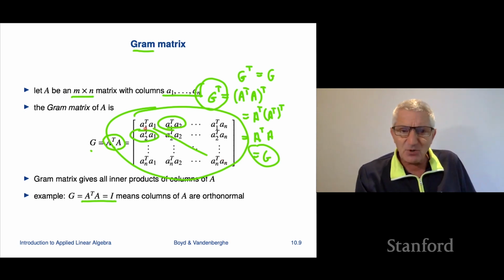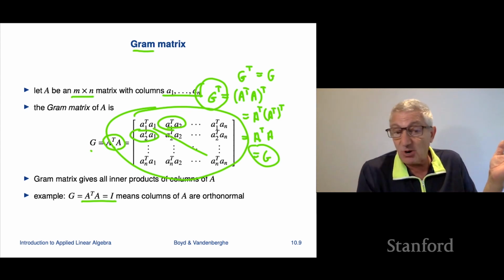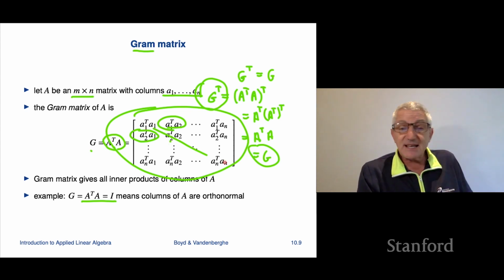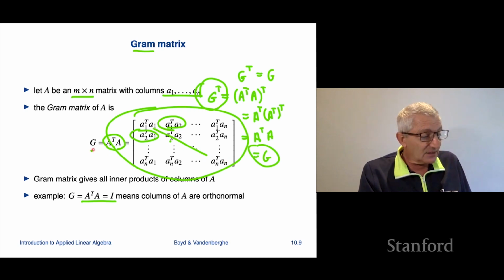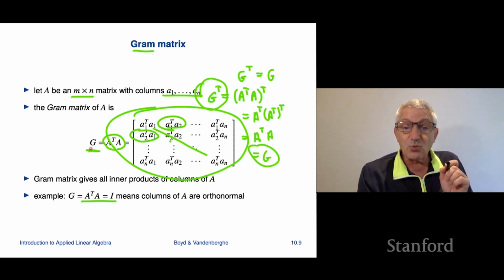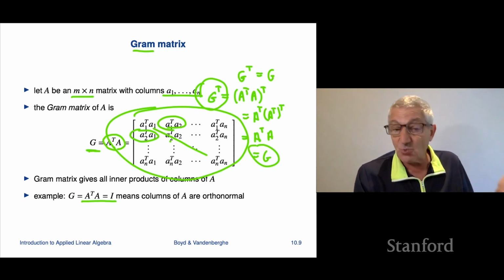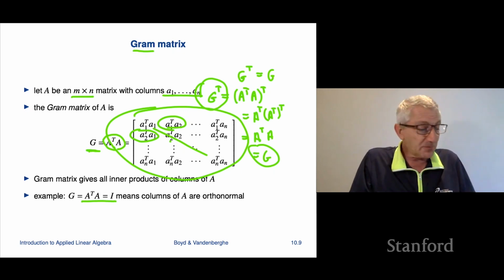Well, if A1 transpose A1 is 1, that means the norm of A1 is 1. Same for A2. And so what it says is the diagonal of the Gram matrix is all ones, provided all of the columns of A have the same norm, which is 1. Okay, so that's normalized.